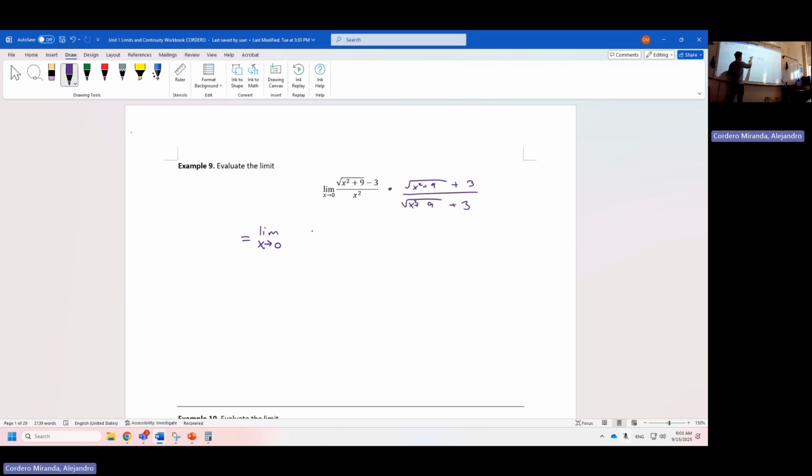So this will just turn into x squared plus 9, because the square root will cancel when I do this times this, and then minus 3 squared, so minus 9. Maybe I should have shown the middle steps, because maybe some people are confused, but I'll show you what I'm talking about in a second. Let me just finish writing this step.